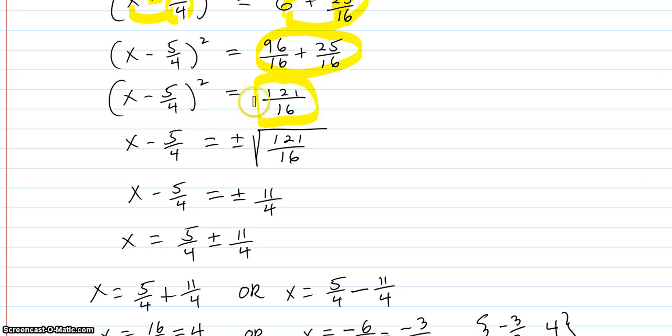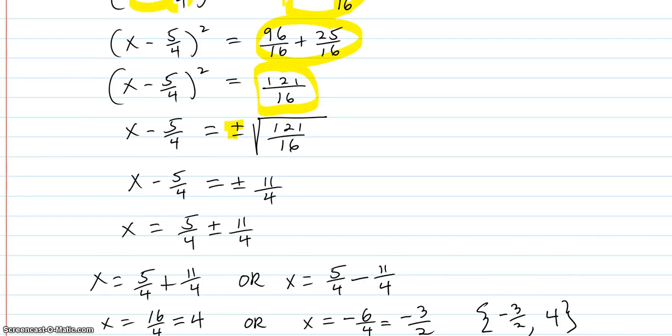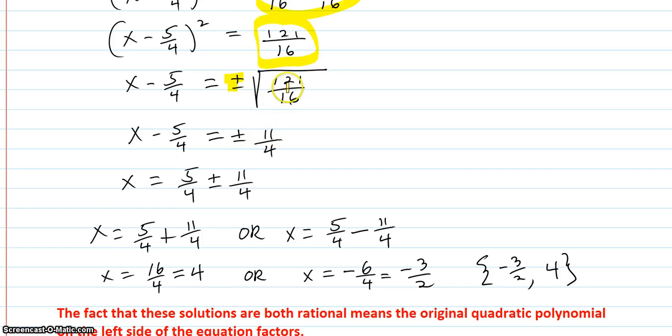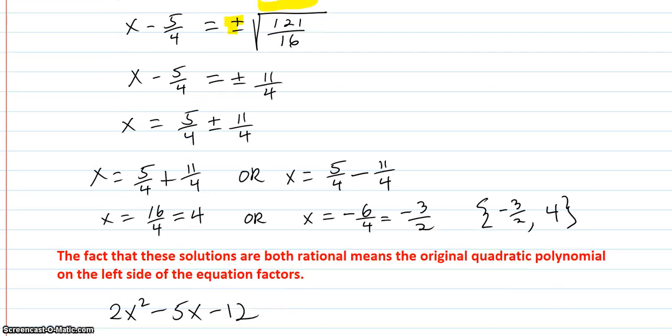Then here I take the square root of both sides. X minus 5/4 would equal plus or minus the square root, for the same reason as in the previous problem. So that's plus or minus, and this comes out nice. 11/4 is the square root of 121/16. Then you add 5/4 to both sides. It comes over to the right side as positive.